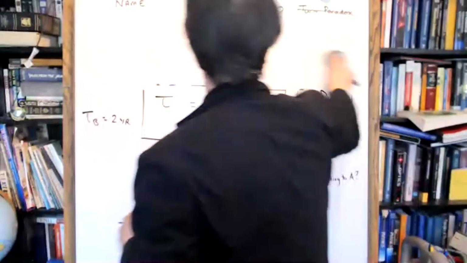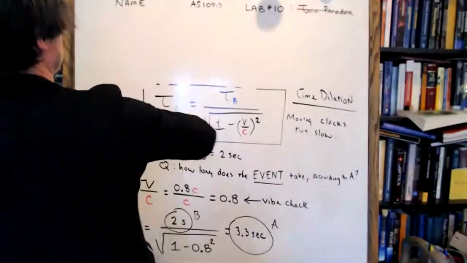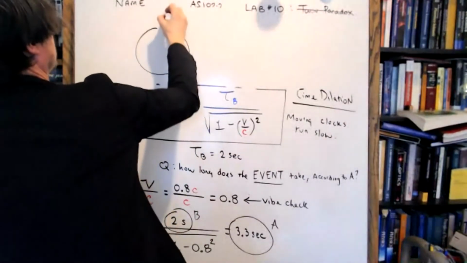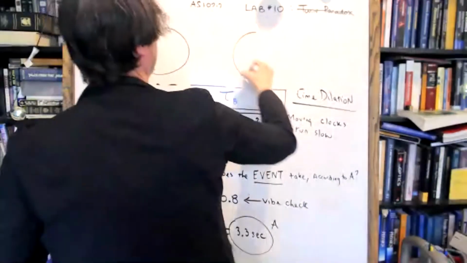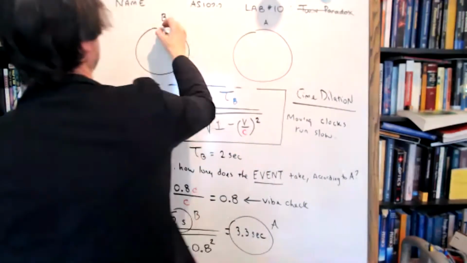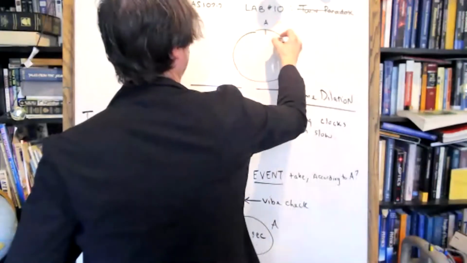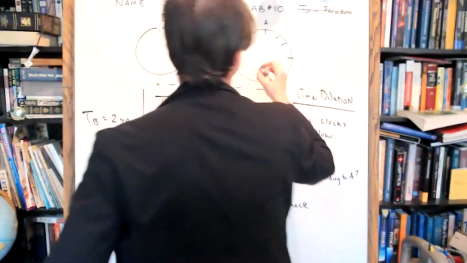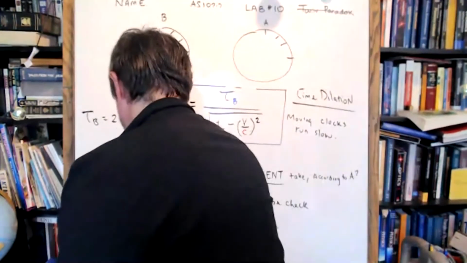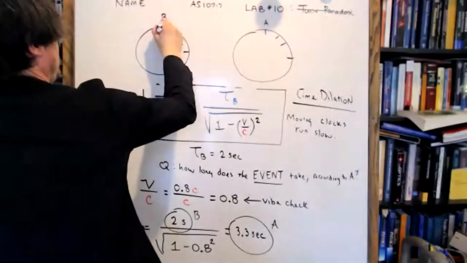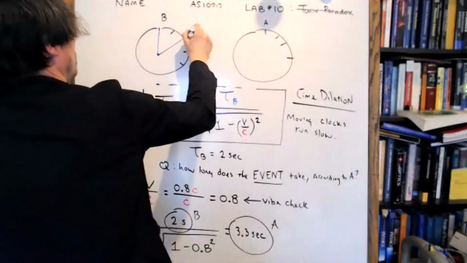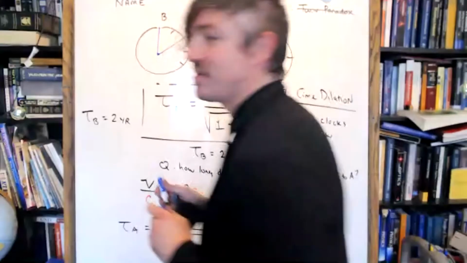So let me draw 2 clocks so that you can understand this. On the left, I will draw B's clock. On the right, I will draw A's clock. Let's make some tick marks, right? 0, 1, 2, 3. For B's clock, the hand on the clock ran 2 seconds, right?